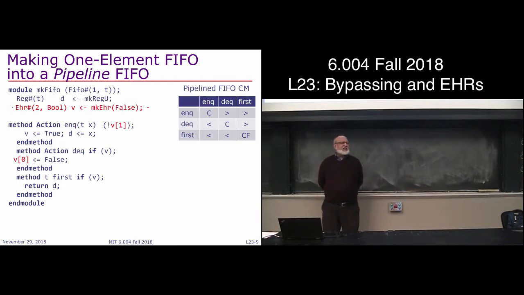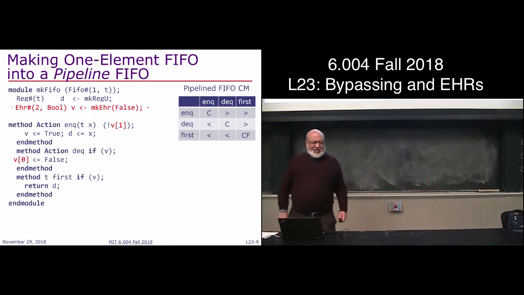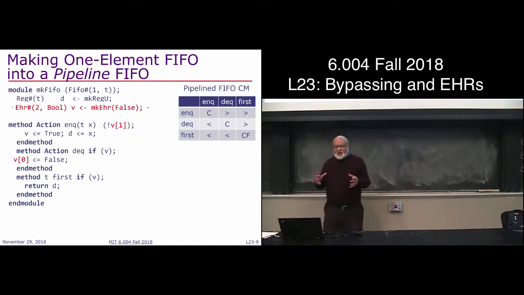How many people understand this? Okay, so what was happening in DQ, I was writing in V. So now I'm writing V dot 0, that's the first port I was writing into. But the change I want is, in my NQ method, I want to be able to see this right away, as opposed to the next cycle.